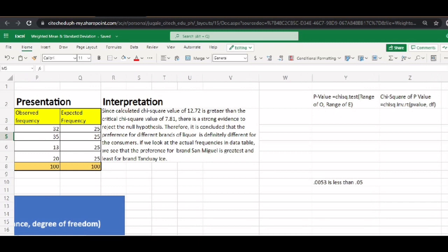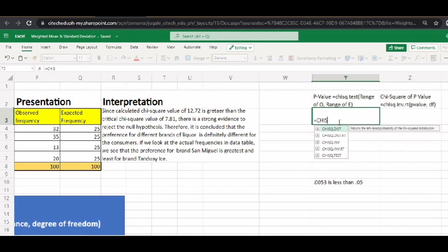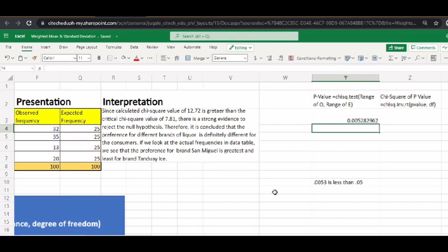So let's do it here. Just going to follow the formula. Then highlight it, highlight the observed frequency as well as the expected frequency, and we get 0.0053.